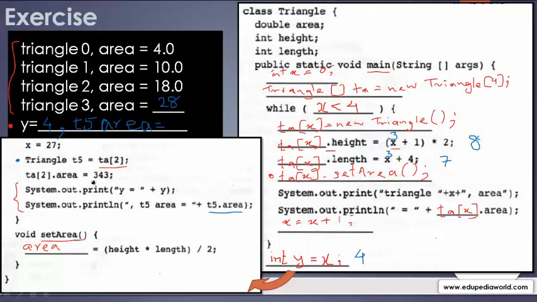Now in the next statement it assigns the value 343 for the instance variable area of the object in index position number 2 of the TA array. That means the same object that T5 is referring to. So as it is referring to the same object, we got the value in here as 343. And this is what you got at the output.